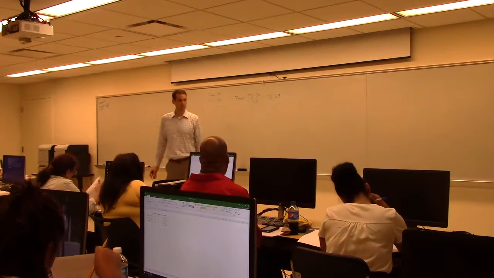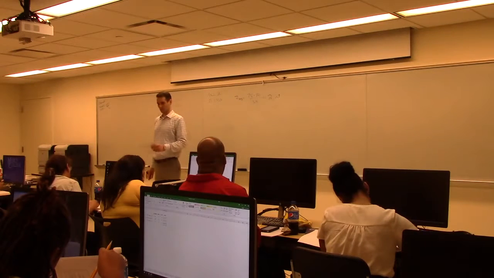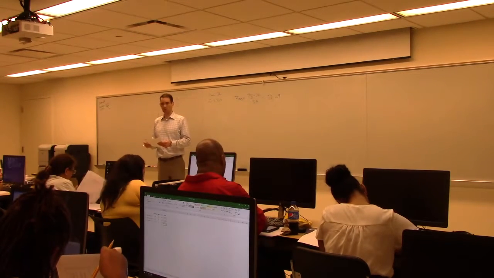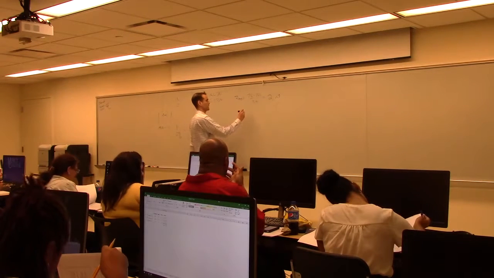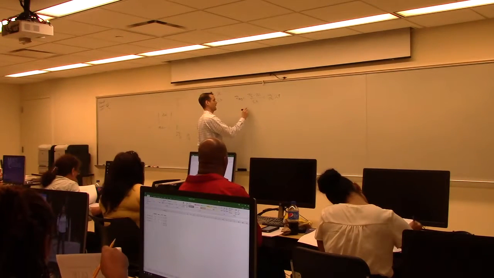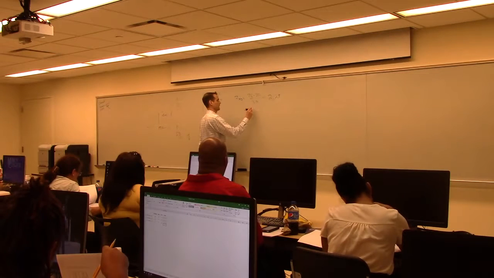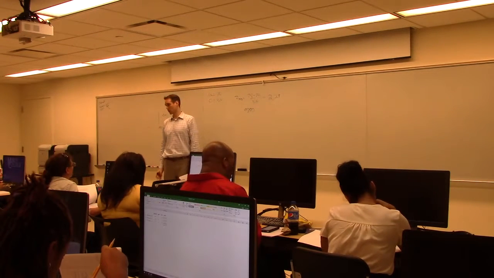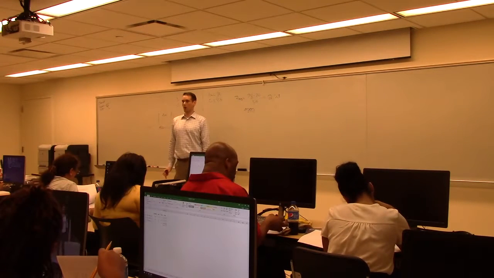So, 0.9890. Okay, the area under the curve for that z-score.